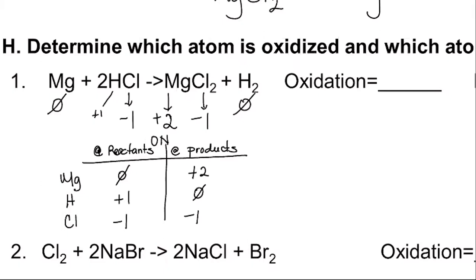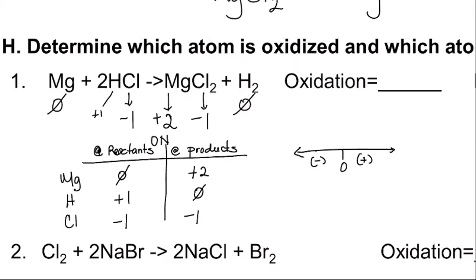Okay, so I mentioned to you guys last time that when it comes to determining reduction and oxidation, remember that all the values to the left of the 0 are negative, all the values to the right of the 0 are positive.